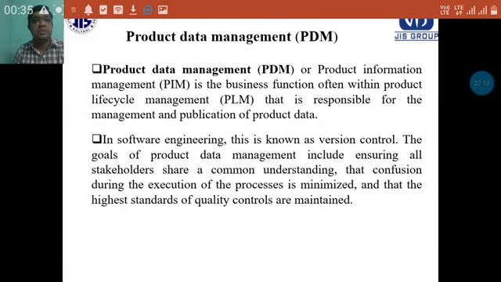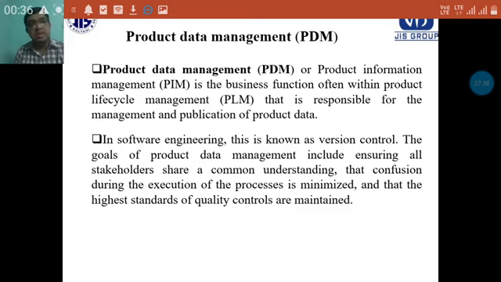Product data management, PDM, or product information management, is the business function often within product lifecycle management, PLM, that is responsible for the management and publication of product data.